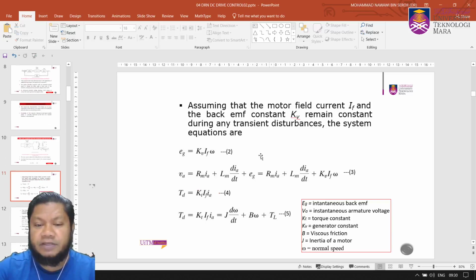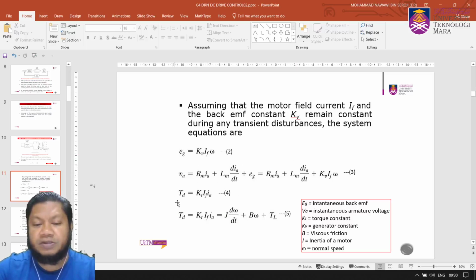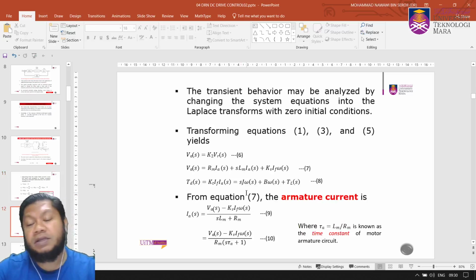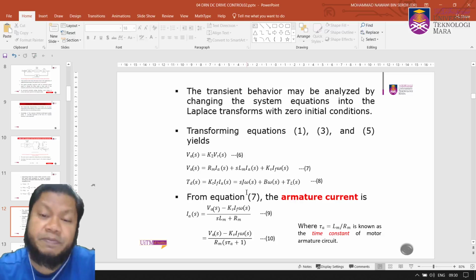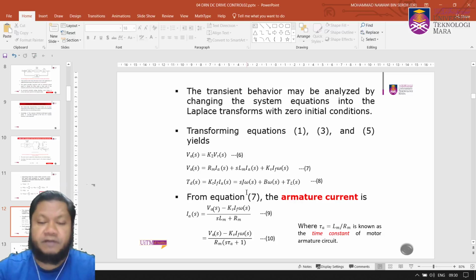And we have this equation. This is the steady state equation, the back EMF, the KVL across your armature winding, right? And this is the torque equation. Then from that steady state equation, we develop the model, so we can look at the behavior of the motor itself in terms of voltage, speed, and current as well, right?